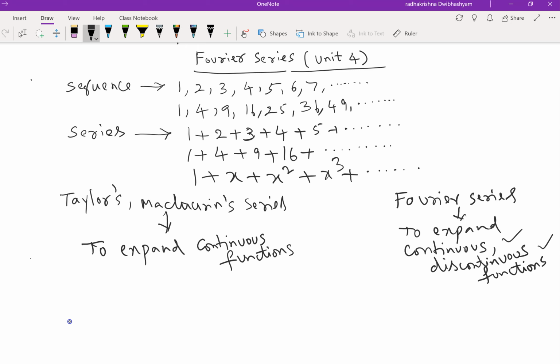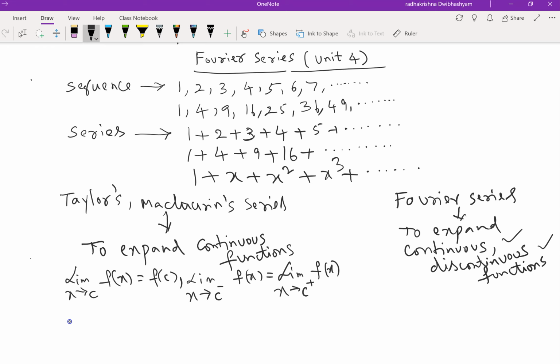Mathematically, the limit as x tends to c of f of x equals f of c, and if you find the left hand limit and right hand limit, the limit as x tends to c minus of f of x should be equal to the limit as x tends to c plus of f of x. If the left hand limit at point c is equal to the right hand limit at point c, and also the value of the function at x equal to c is finite and equal to f of c, then the function is said to be continuous.